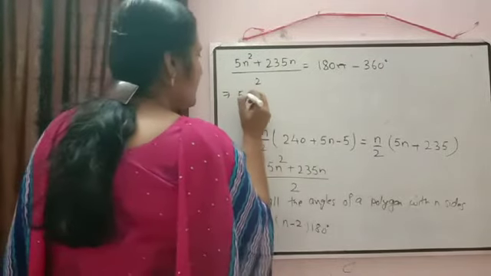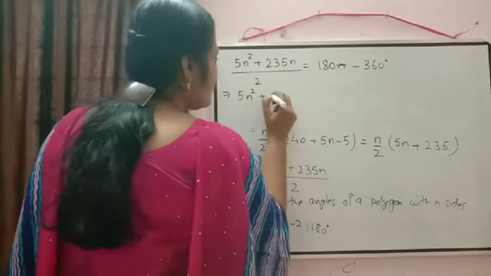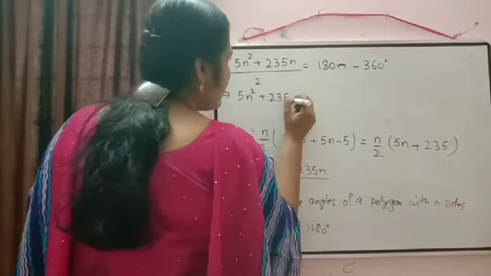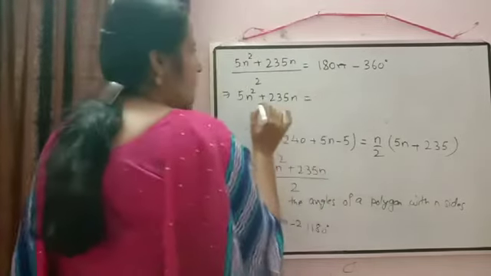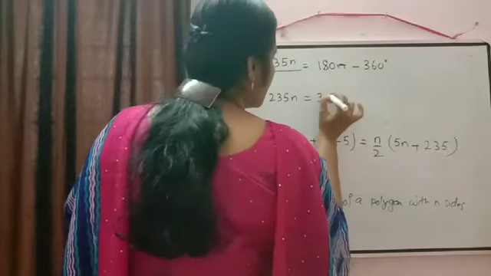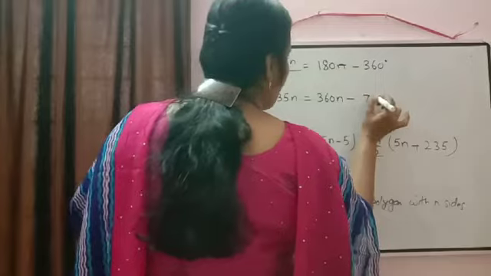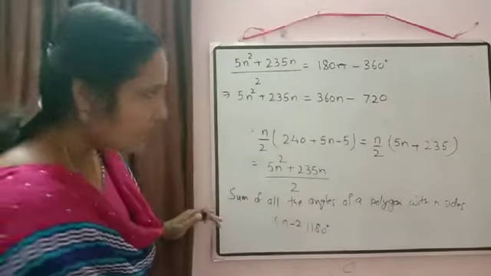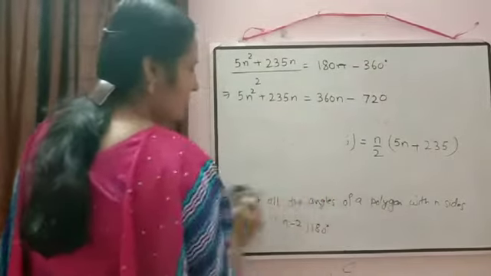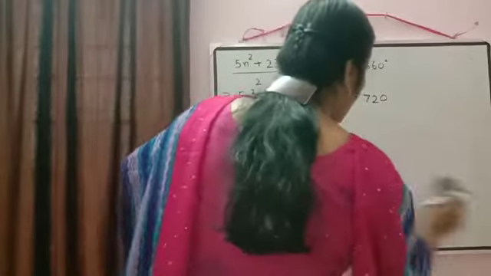Then it will be 5n square plus 235n is equal to 180 2s are 360, so 360n minus 720.